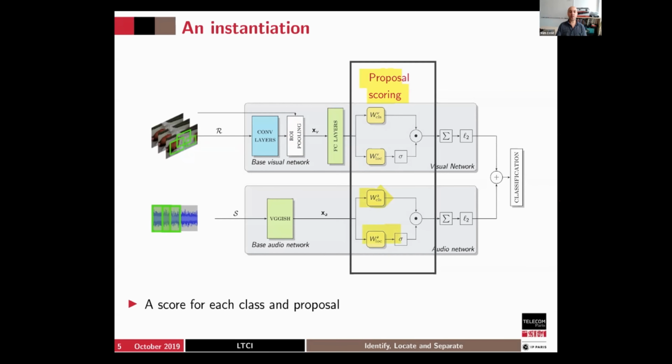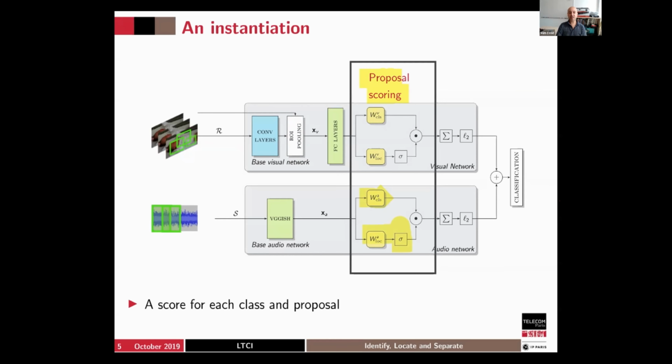On the localization stream here, a softmax operation is used so as to promote the most relevant proposals for each of the classes. That is, promote in particular here the most relevant temporal segments for each class.